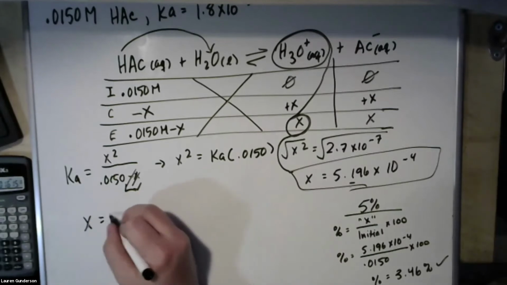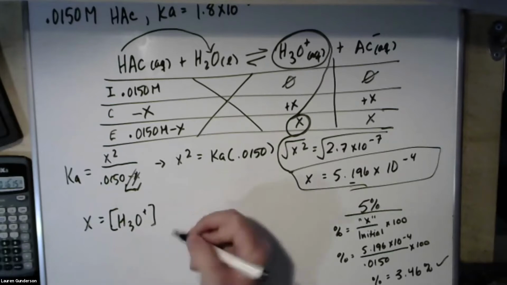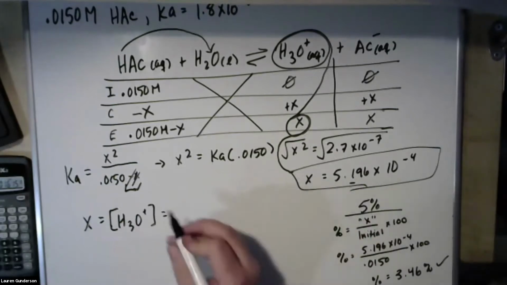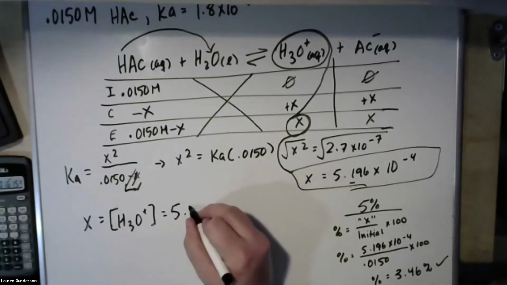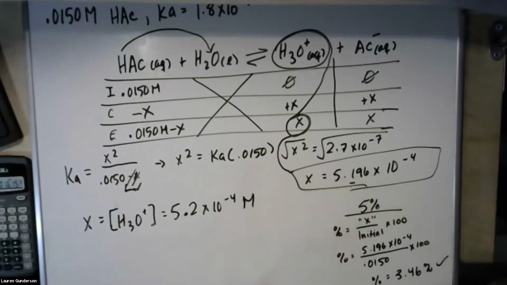So our X value is going to equal our H3O plus concentration. And I'm going to round this to my sig figs now. 5.2 times 10 to the negative 4 molar.